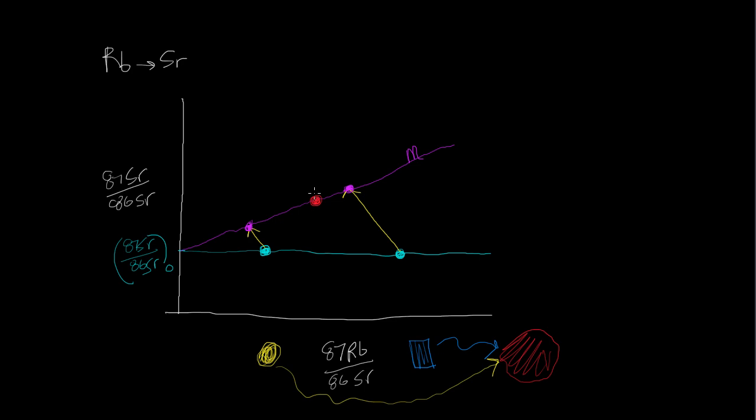In other words, as we melt those two minerals, we produce a single magma composition which has a brand new strontium-87 to strontium-86 composition, different than either of the two minerals that melted to produce that magma, and it also has a different rubidium-87 to strontium-86 concentration as well, right? Because it only has a single one that's made up of a mixture of the two minerals that melted to produce it.